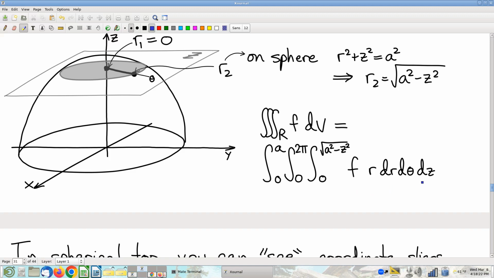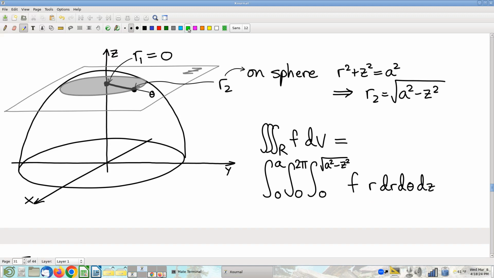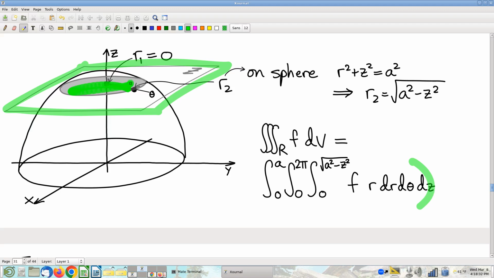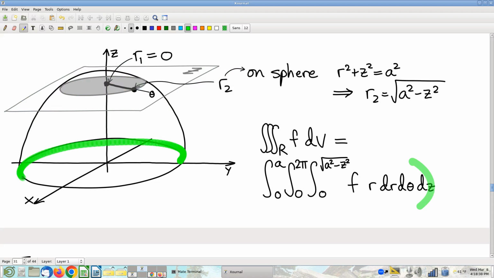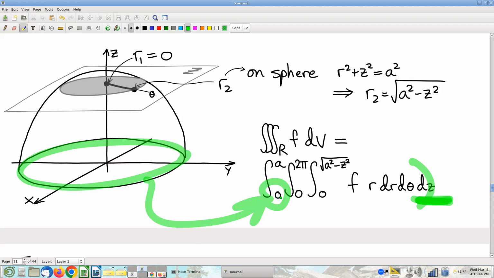And with that in mind, let's start doing our slicing. What's the range of values of Z? Well, Z slices look like that, giving us cross sections that are discs like this. The first one of which is down here, where Z, let's not forget we're looking at Z, is clearly 0.